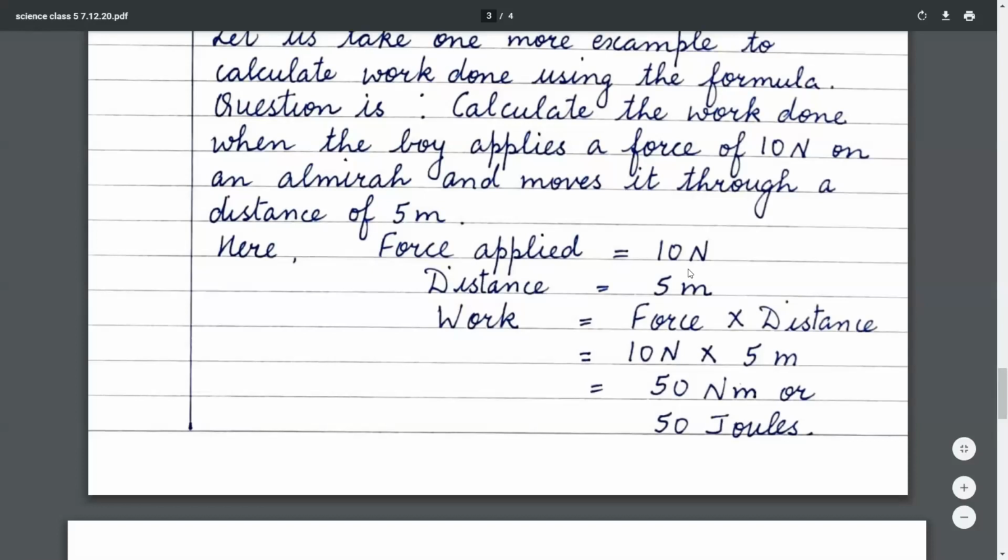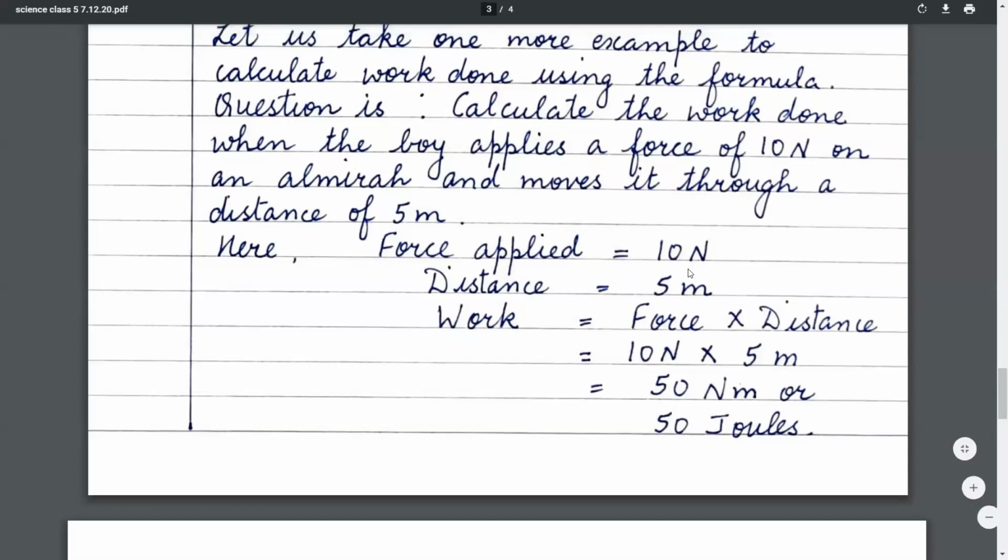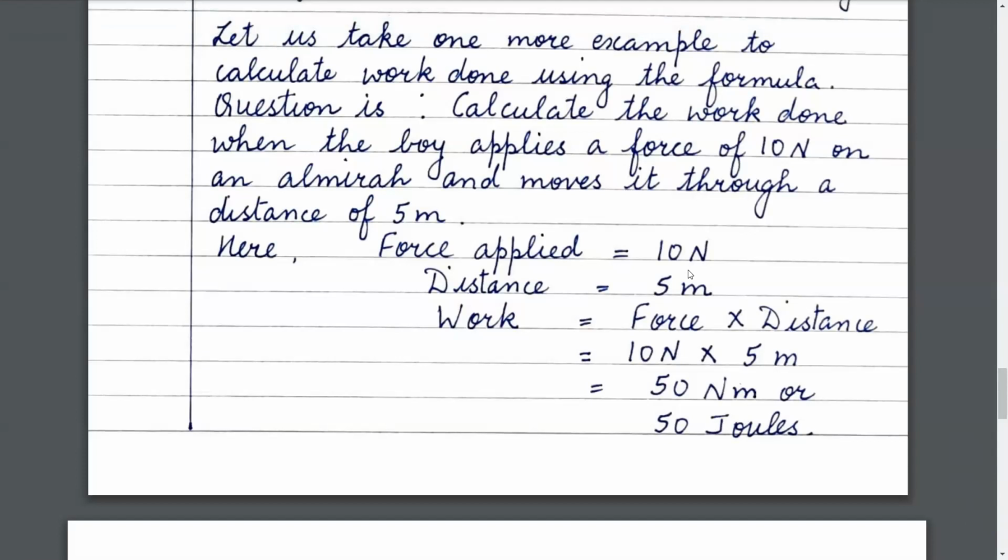Let us take one more example to calculate work done using the formula. The question is, calculate the work done when the boy applies a force of 10 Newton on an almirah and moves it to a distance of 5 meter.